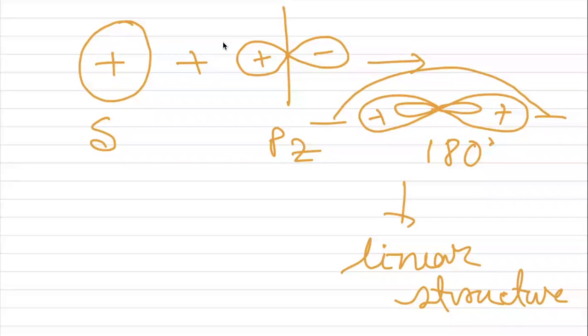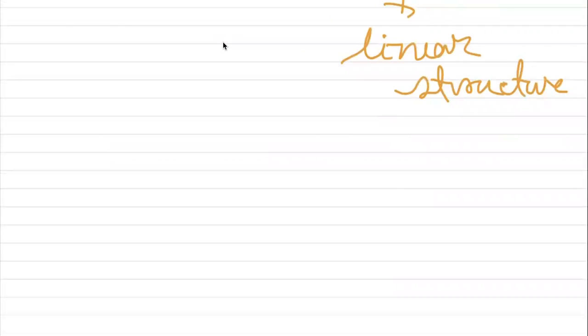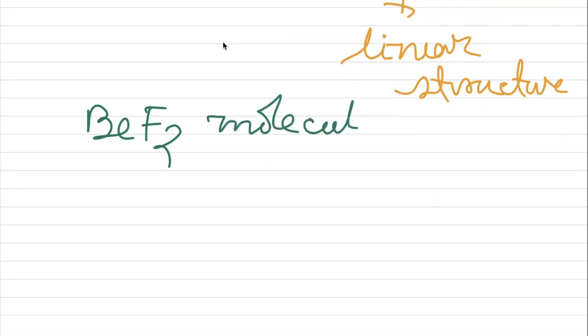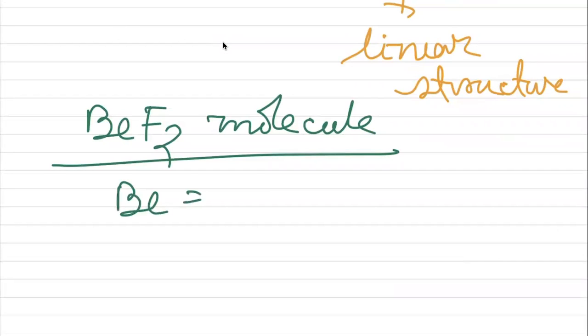Okay, so let's see the formation of the BeF2 molecule. The electronic configuration of beryllium will be? Ma'am, 1s2. Yes, 1s2, 2s2.